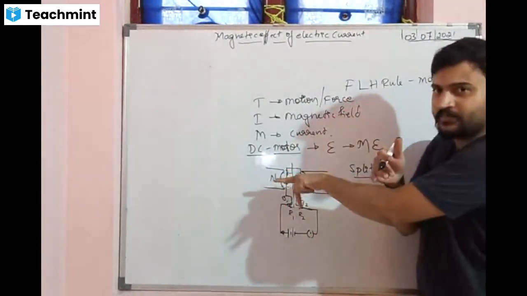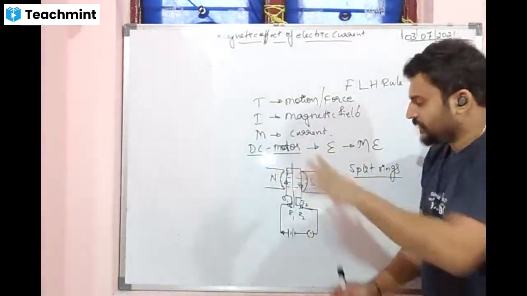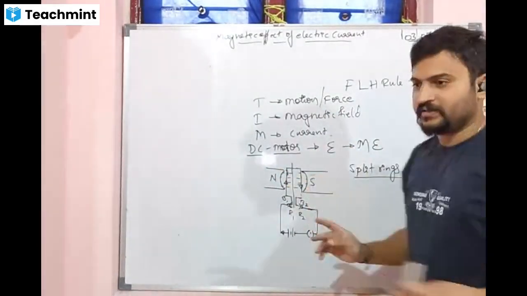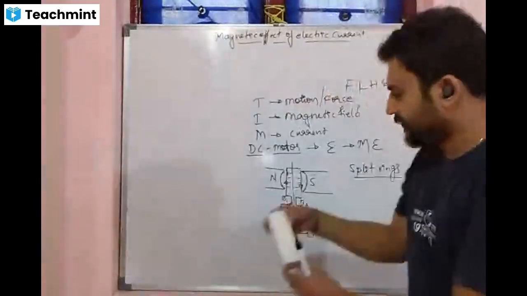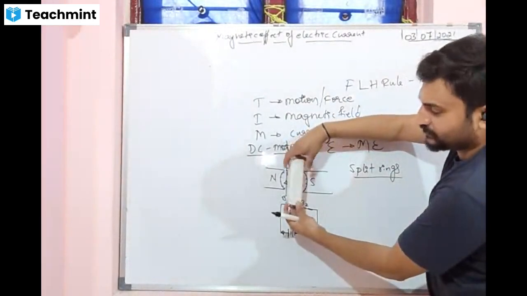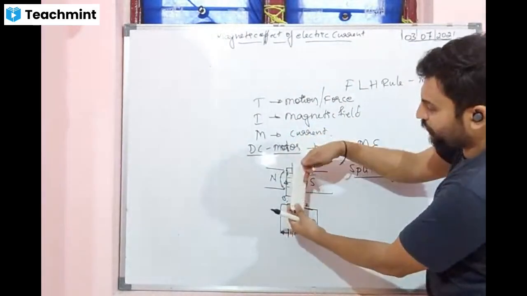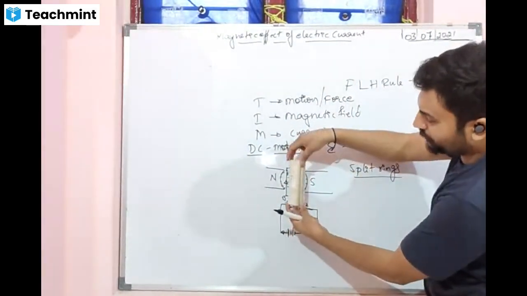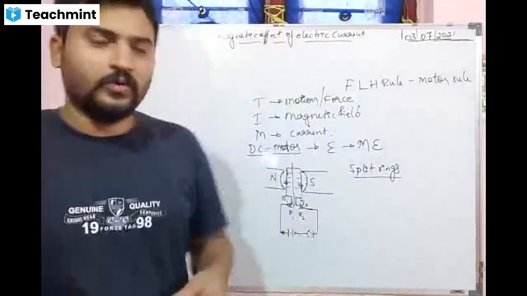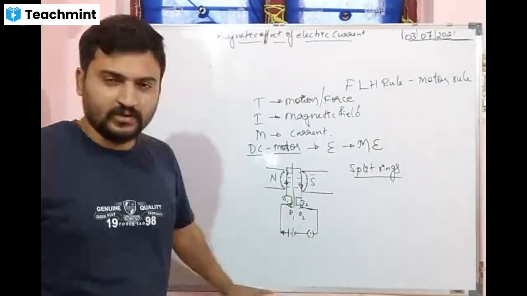Inside, the thumb is moving inside. Hence it pushes down. Here it is pushed up, here it is pushed down. As a result it starts to rotate. Push up, push down, push up, push down. This is how we have converted electric energy into mechanical energy.